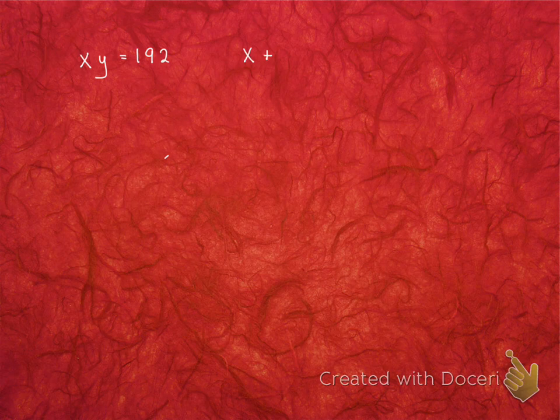So 3 times the second is the sum. And we are minimizing the sum.